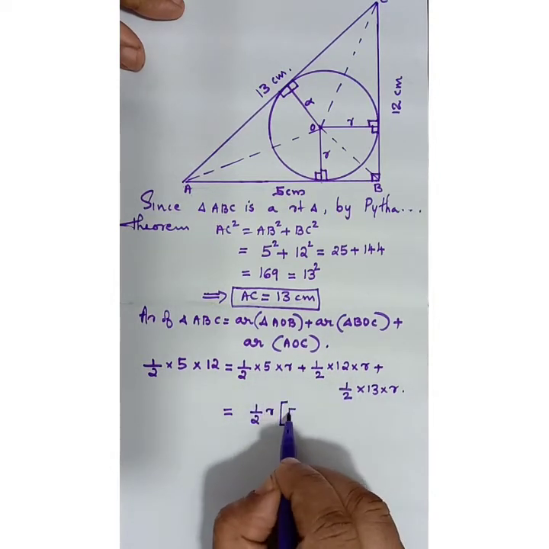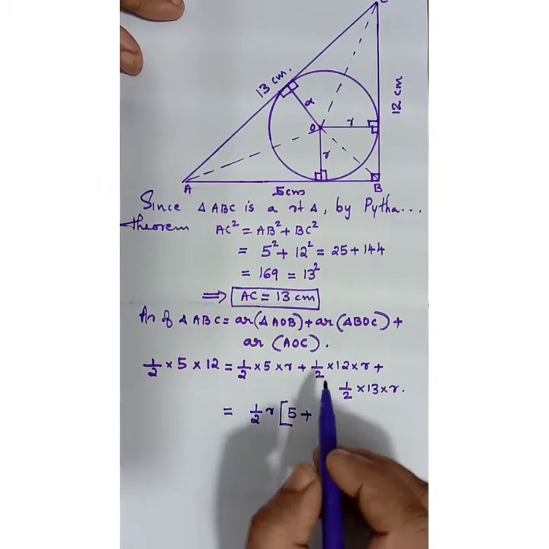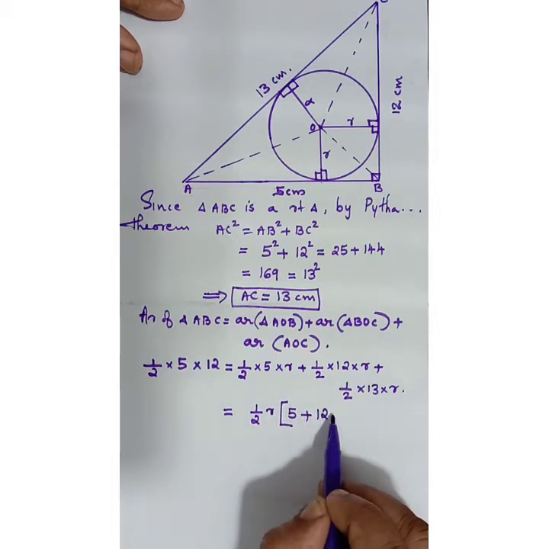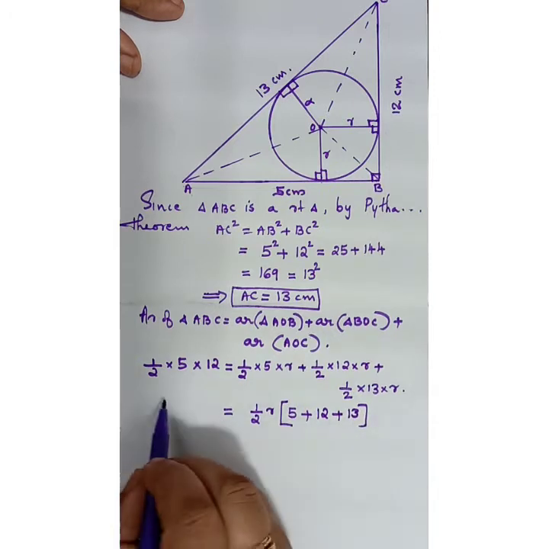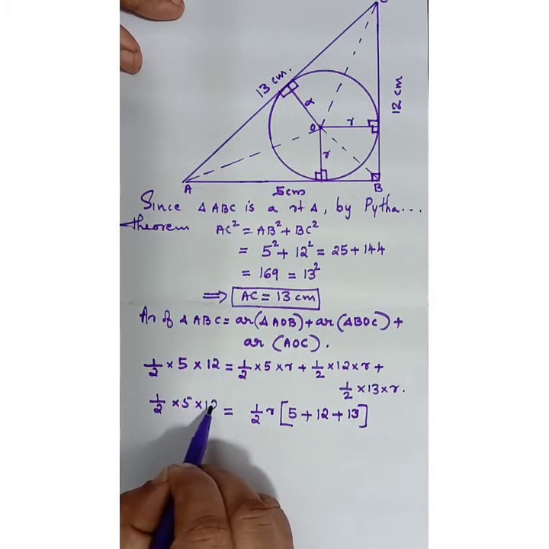So 5 is left here, plus 12, plus 13. This is equal to half into 5 into 12.